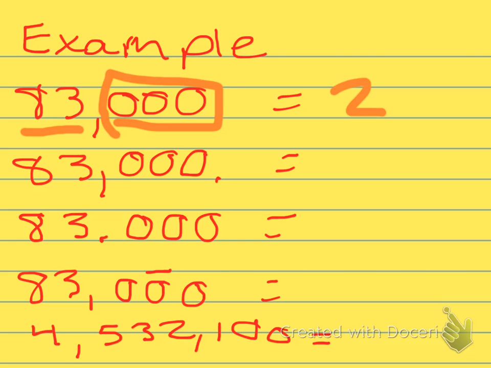This next number, we do have a 0, 83,000, and our decimal's right there. So that makes everything leading up to that decimal and after it significant. So there would be 5 sigfigs. Here we have the decimal after the 3.